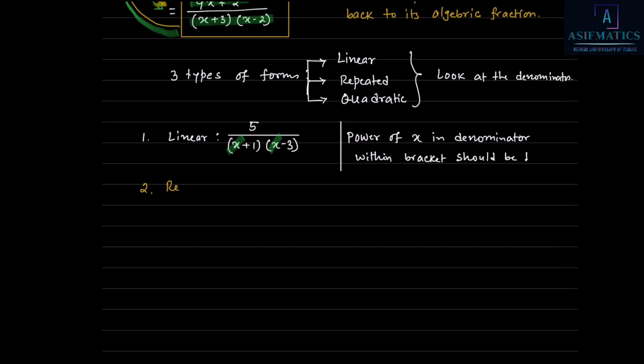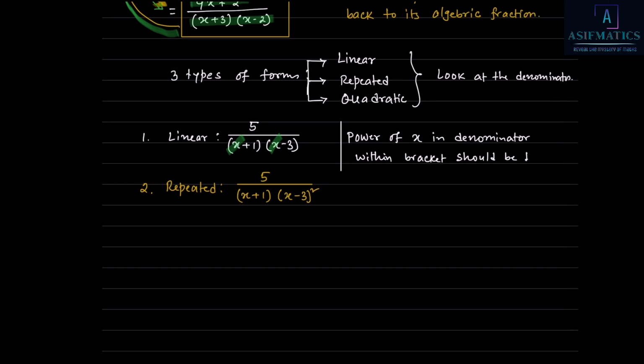So in the repeated case, your form will be like this. The same thing we can write as 5 divided by x plus 1, and then x minus 3 whole square. So look at the difference between these two.